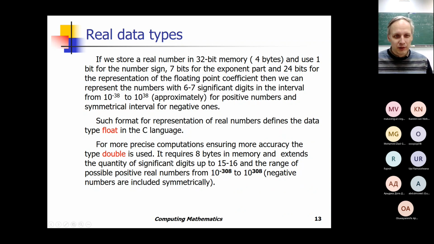But you should remember that the double value requires 8 bytes, and with the use of double precision, we can store the real number with 15, 16 digits after decimal point. 15 or 16 digits, not greater.